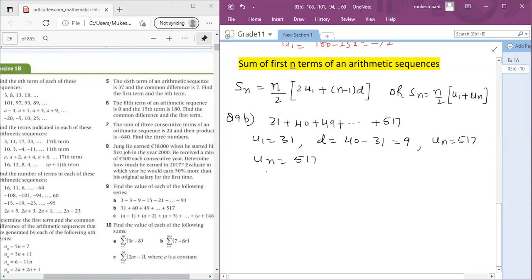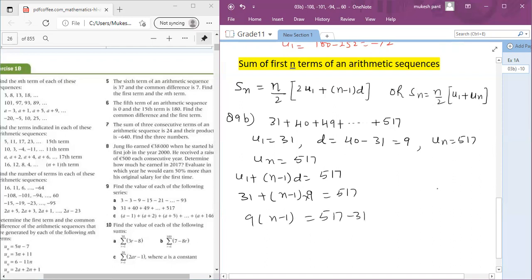I can use the formula of un, that is u1 plus n minus 1 times d equals 517. So this is 31 plus n minus 1 times 9 equals 517. So 9 times n minus 1 equals 517 minus 31.